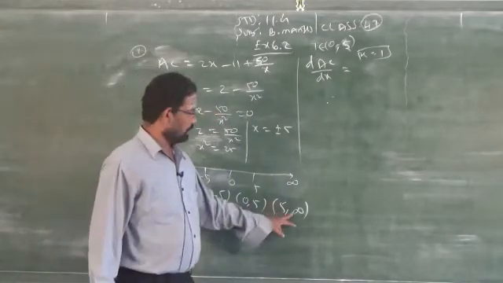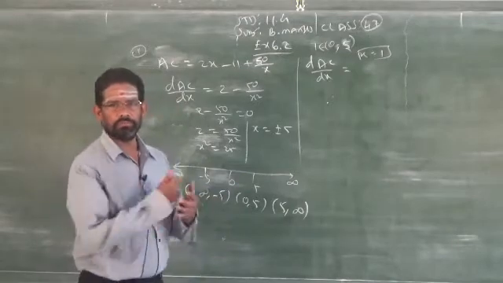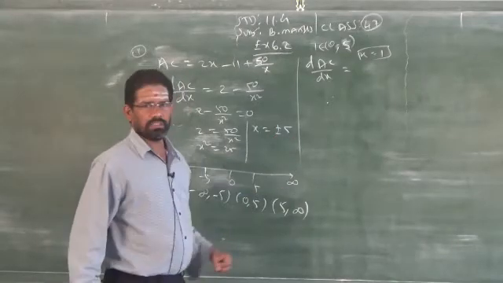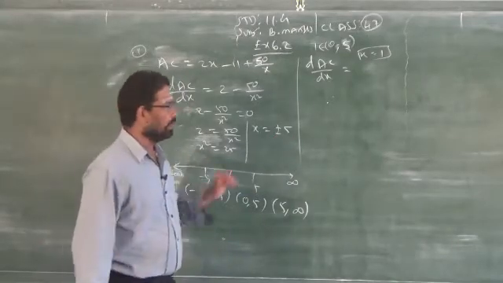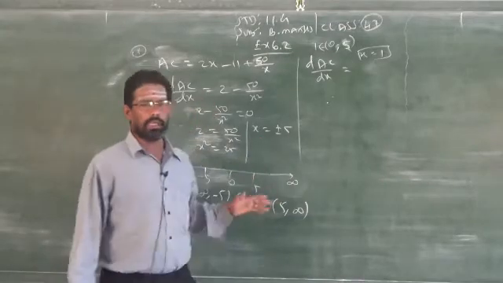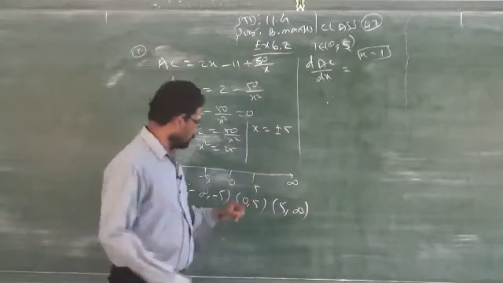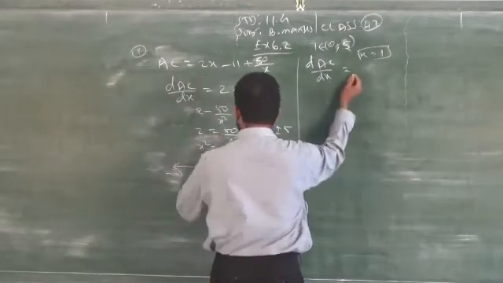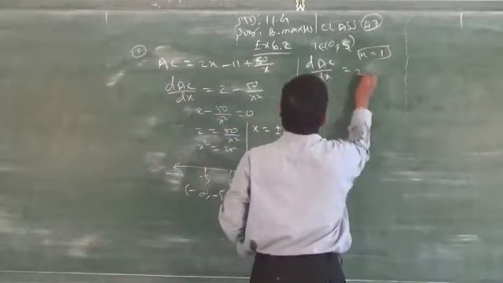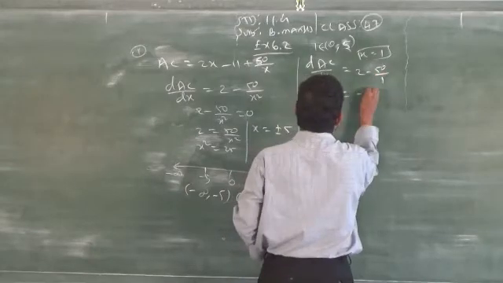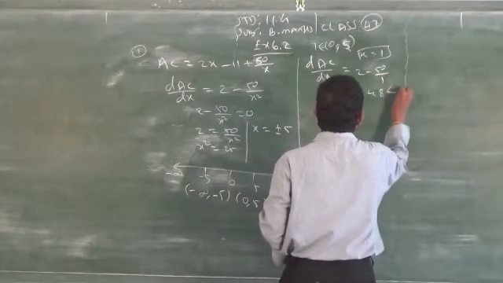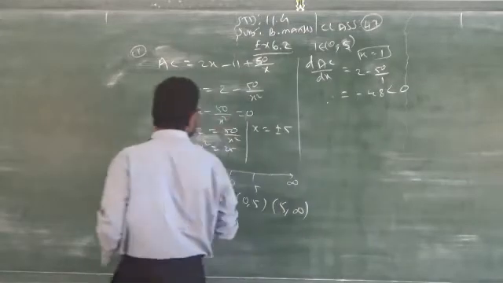If you take 6, it will come over there. Don't take 5 also. Don't take x equal to the given factor, you will always get 0. So take a value other than 5. Taking 1 and substituting in place of x, that is 2 - 50/1, I got minus 48. It is decreasing.